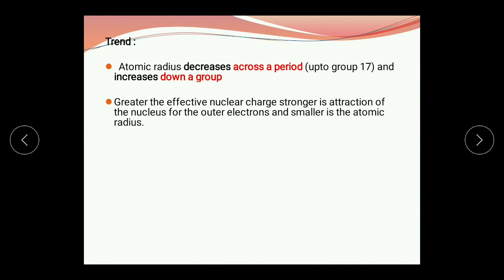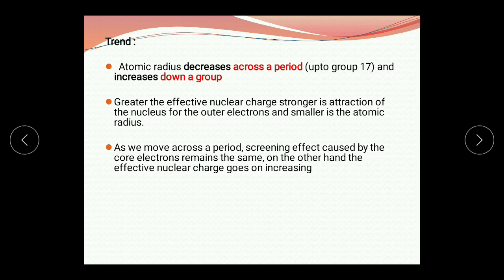We have just seen that across a period, effective nuclear charge increases, and hence the attraction between the nucleus and the outermost shell increases, and hence the atomic radius decreases.